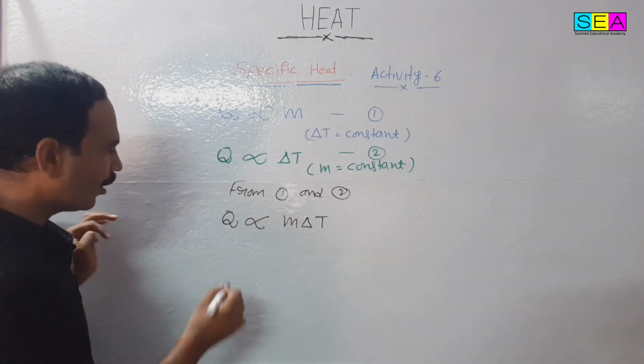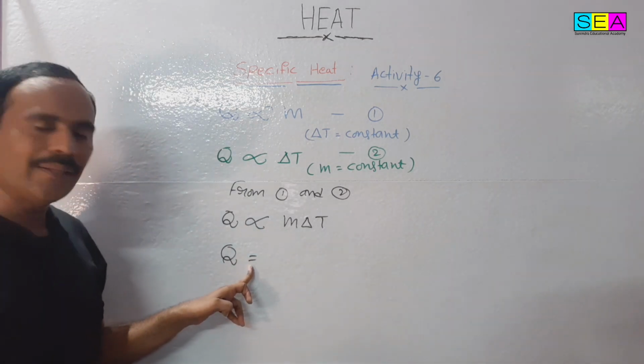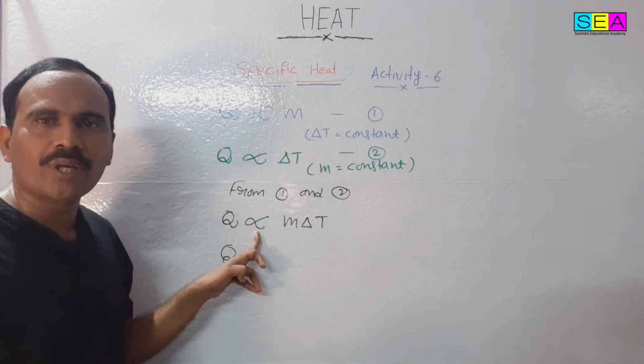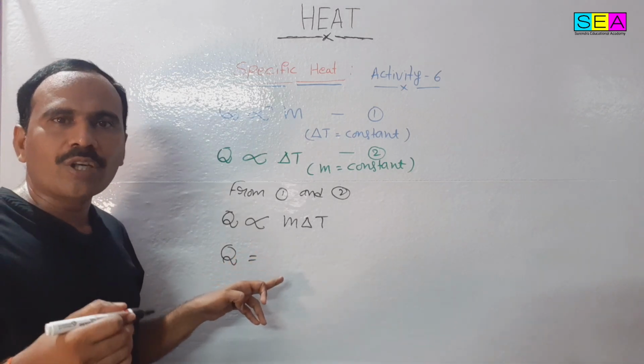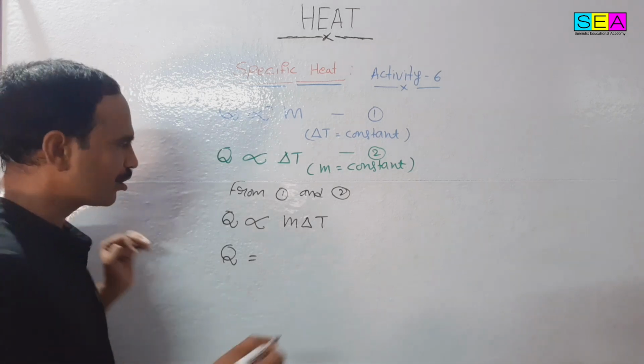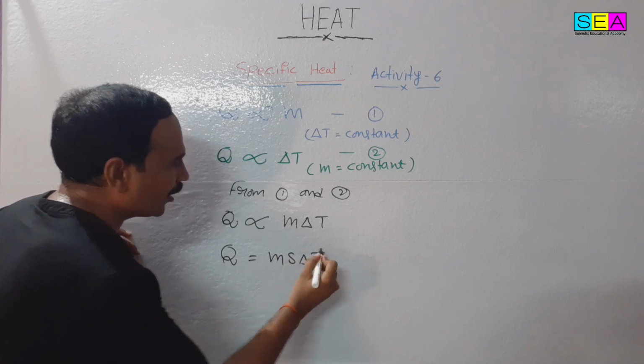So Q is equal to, instead of the proportionality, we place a constant value, which is called the proportionality constant. I am writing S. This is the proportionality constant.